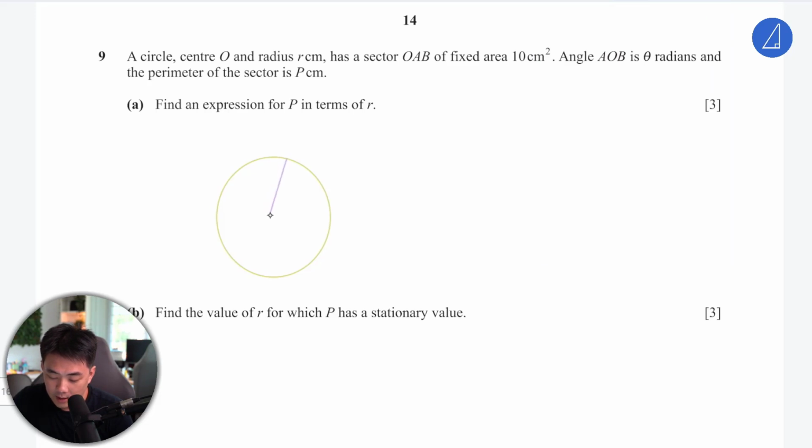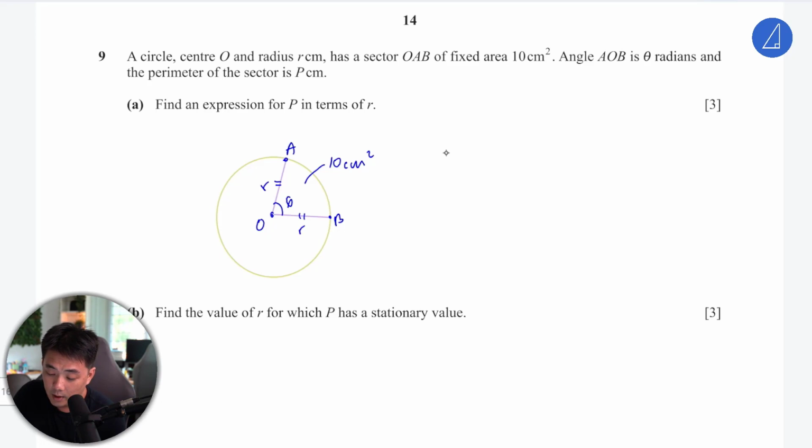There's a sector here, OAB, with angle theta, fixed area of 10 cm square, and this is R.